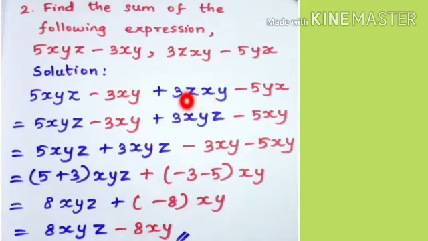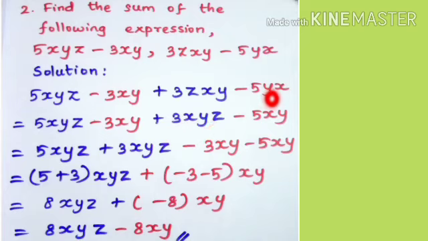And here, zxy is the same as xyz by the commutative property under multiplication. The order in which we multiply three integers does not matter. So 5xyz minus 3xy plus this 3zxy can be written as 3xyz.